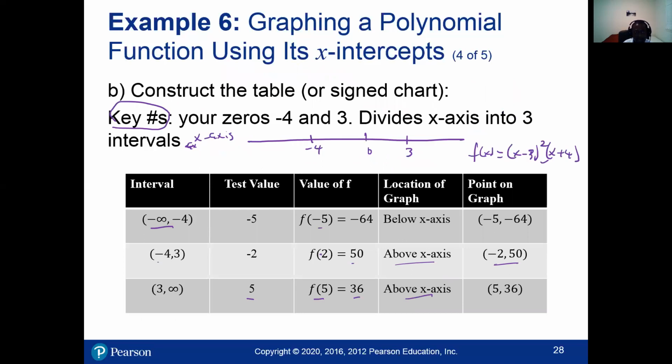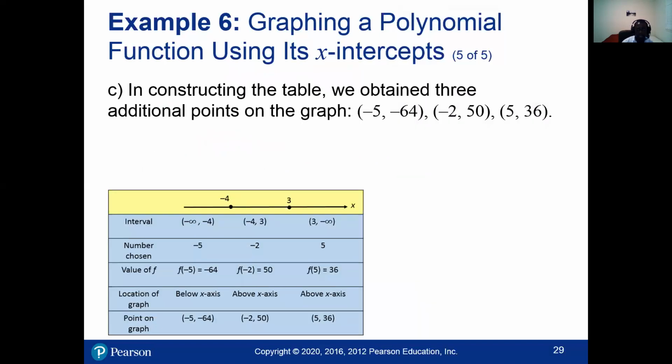Now we're going to put this together and draw the graph. Okay, so we have our table. We have obtained 3 additional points: -5, -64; -2, 50; and 5, 36. Now the interval -infinity to -4 is below the x-axis.